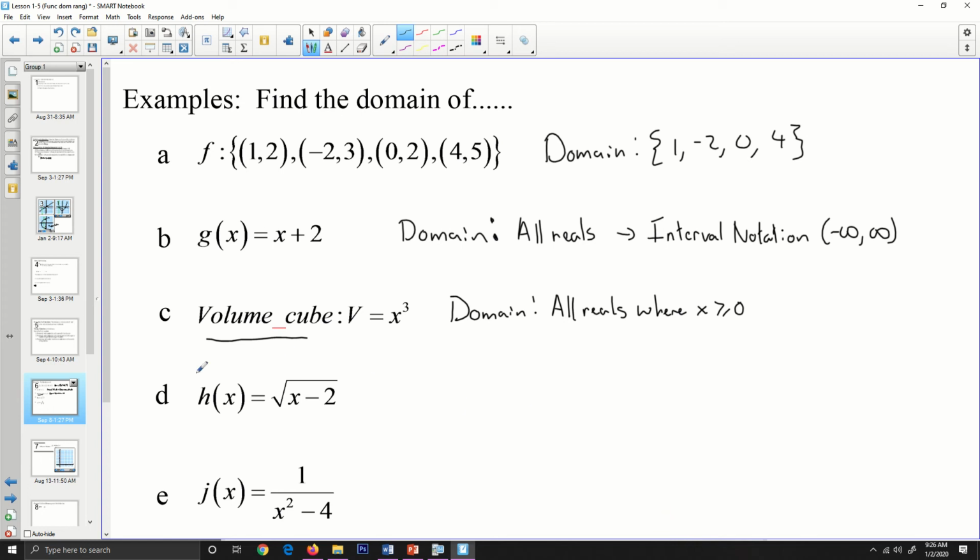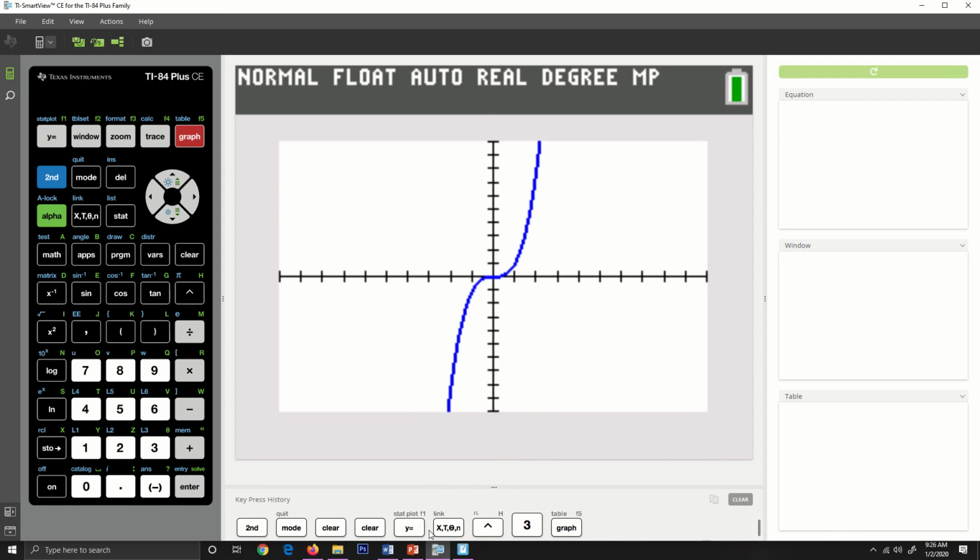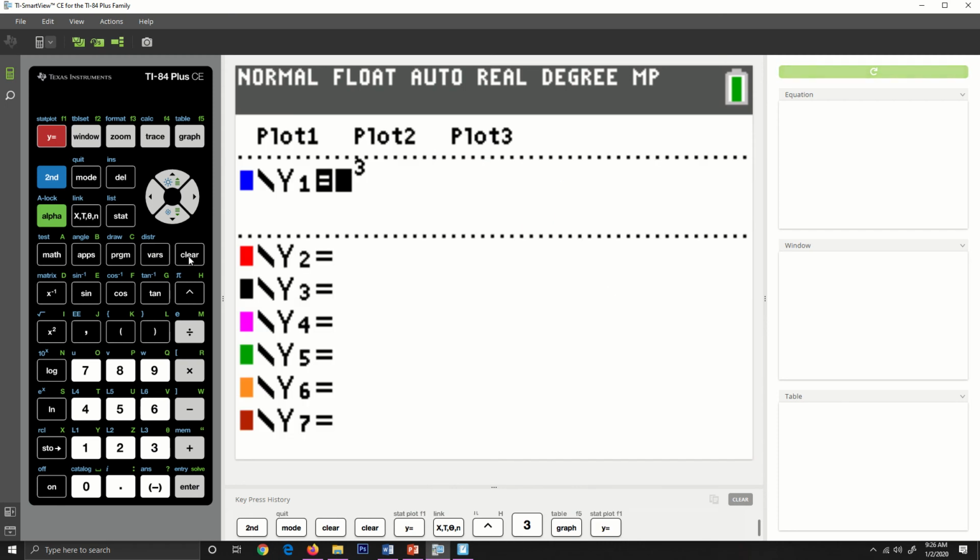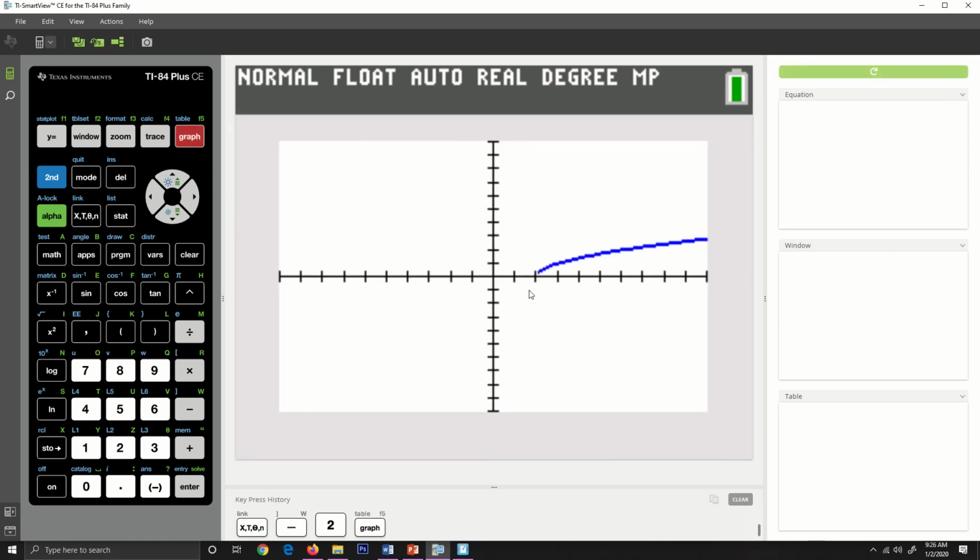Okay, so let's talk about this next one. h of x is equal to the square root of x minus 2. Let's take a look at what that graph looks like. Clear here. And so second square root x minus 2, and we hit graph. And we look at this particular instance here, and it looks like I got a little bit of a gap right there.